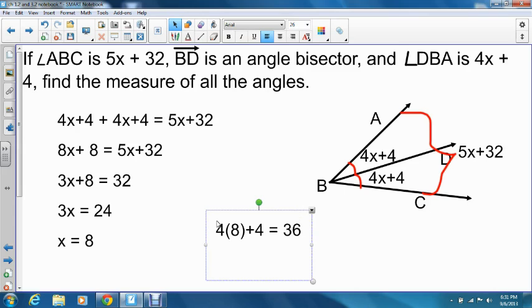And then angle DBC is going to be the same thing, so it's also 36 degrees. So if I do 36 and 36, I should get ABC as being 72 degrees. So let's go ahead and plug that in just to make sure. So I'm going to get 5 times 8 plus 32. 5 times 8 is 40. 40 plus 32 is 72, and it works out perfect. That's exactly what we should have gotten for our angle values.